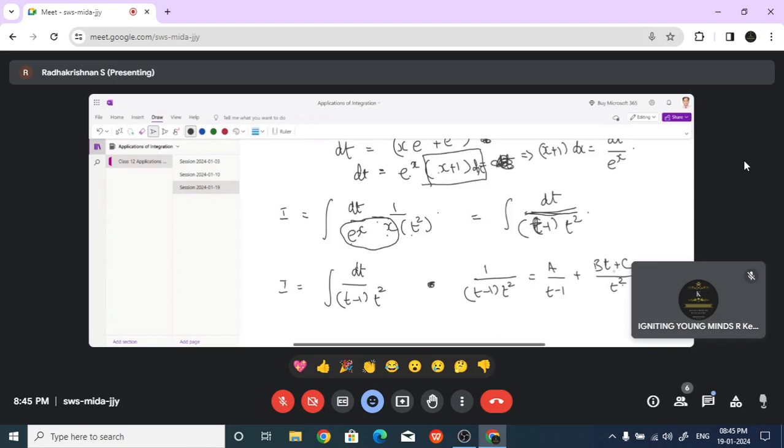So it's not just b, whereas a first-order term is just a constant. Solving this, what you get is a equal to 1, b equal to minus 1, c equal to minus 1.